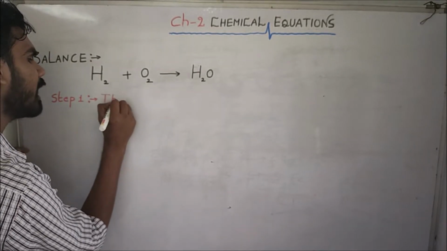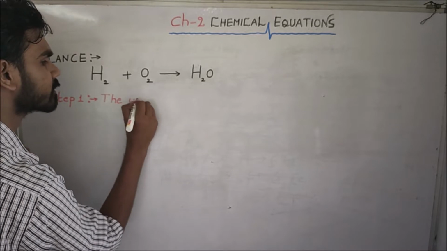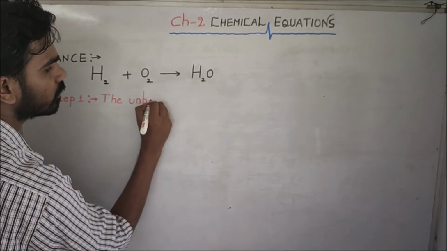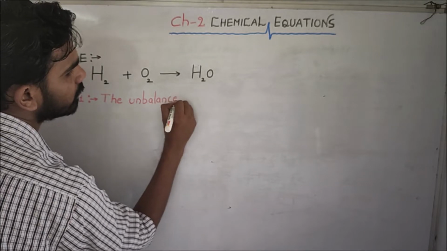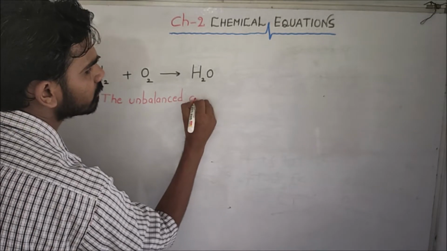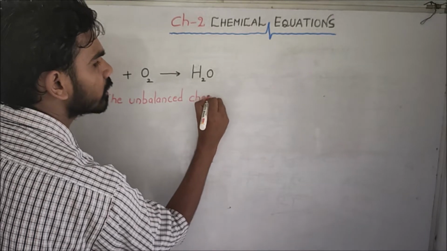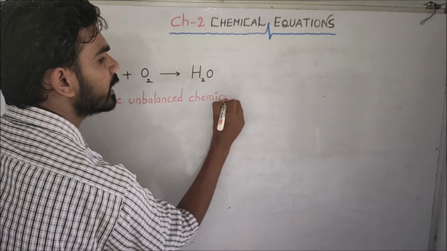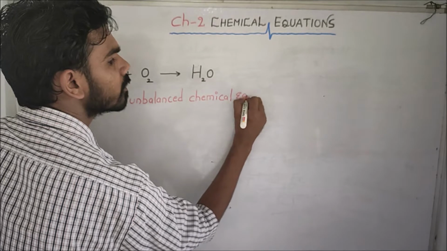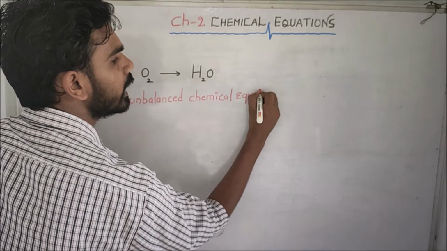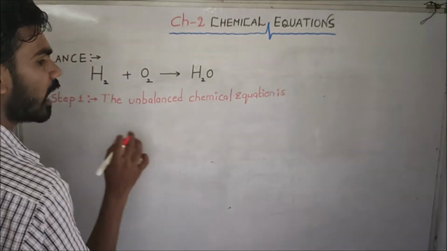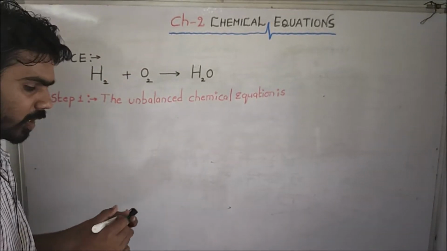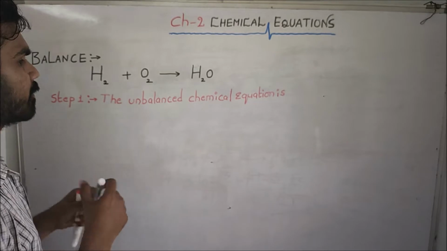The unbalanced chemical equation is. After writing this sentence, you write the question one more time.